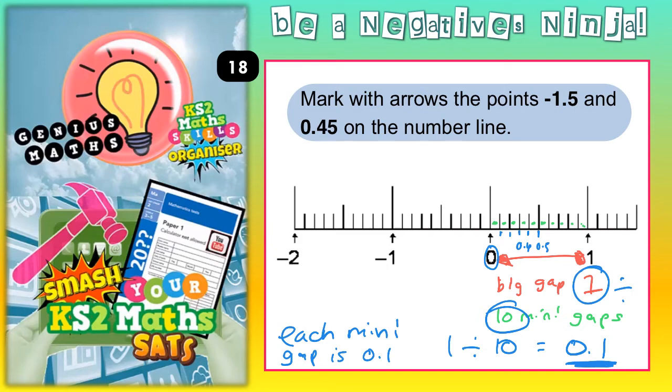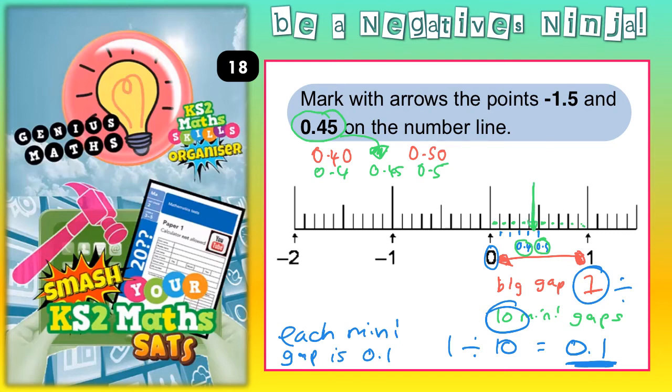But remember, 0.4 is the same as 0.40 and 0.5 is the same as 0.50. We want 0.45, which comes in the middle of 0.40 and 0.50, so that's going to be right in the middle of 0.4 and 0.5.